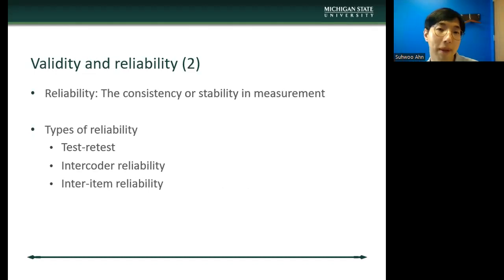Another one is reliability. Reliability is about consistency or stability in measurement. Reliability is a matter of whether a particular technique applied repeatedly to the same object produces the same result each time. For example, I bought 10 apples at the market, and I want to know how much the apples weigh.